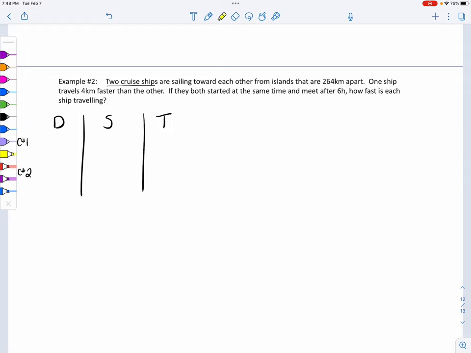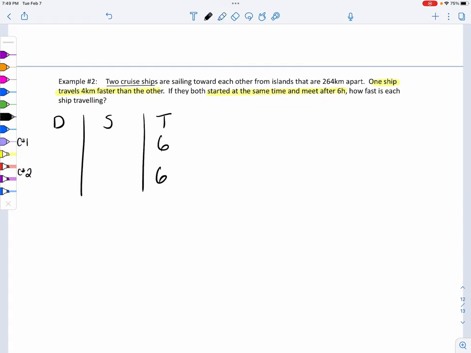Okay. So wait, they start at the same time and they meet after 6 hours. That means they've both traveled for 3 hours. No, just kidding. That means they've both traveled for 6 hours. All right, so cruise ship 1 traveled for 6 hours, cruise ship 2 traveled for 6 hours. Something else I know, one ship is 4 kilometers faster than the other.